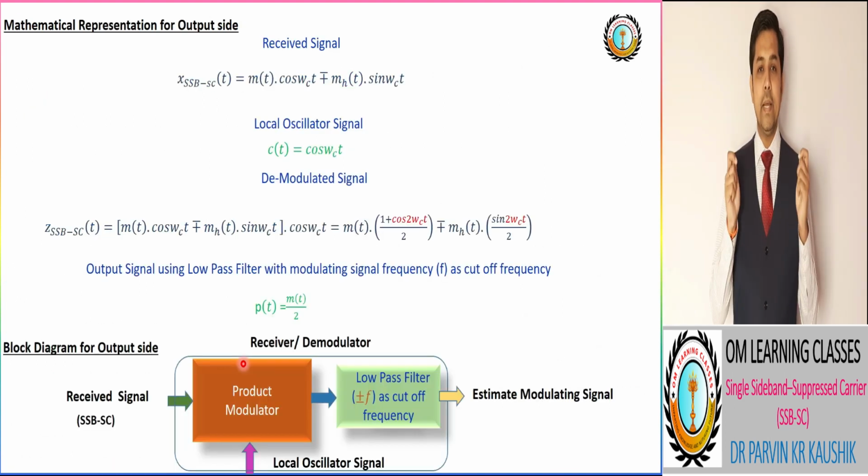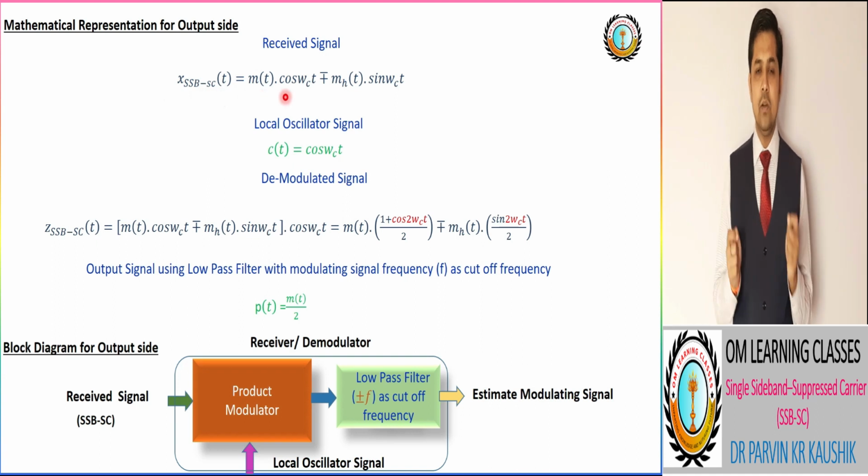Now we consider the mathematical representation for the output side, that is the receiver side. Here we get the received signal. The transmitted SSB-SC signal, which corresponds to one sideband, it can be your upper sideband or it can be your lower sideband, is transmitted via the communication channel and received at the receiver.